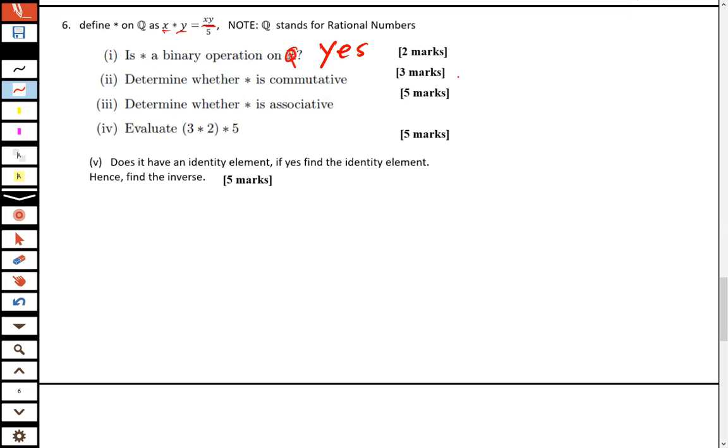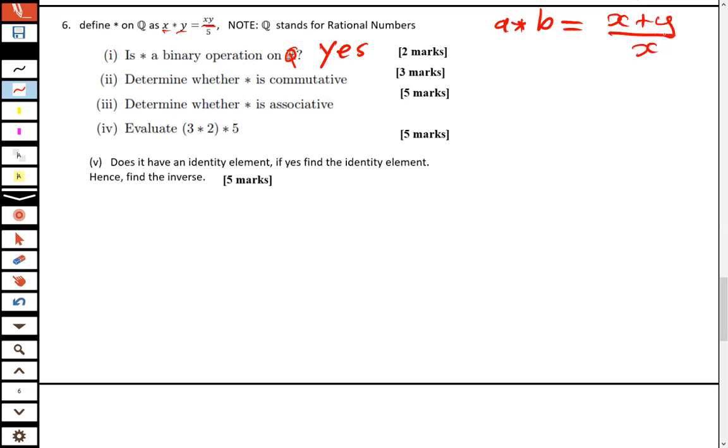Let me give an example where star cannot be a binary operation on rational numbers. Let me use a and b so as not to confuse it. Suppose a star b is equal to a plus b over a.